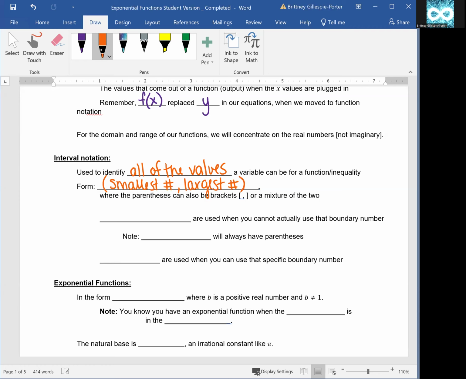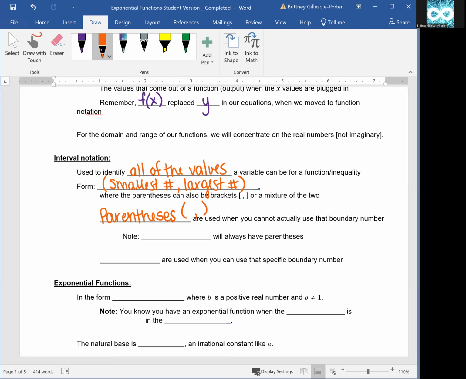And just keep in mind that you're going to have parentheses or brackets or a mixture of the two. A parenthesis is used when you cannot actually get to that boundary number. And parentheses are what I was just using. So you can't actually get to the boundary number.